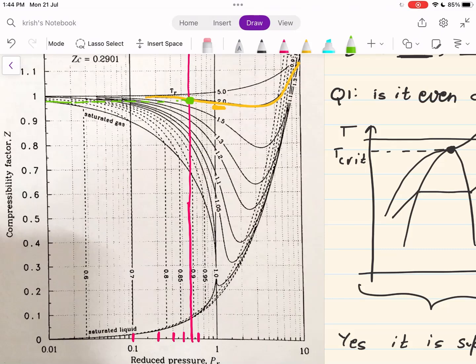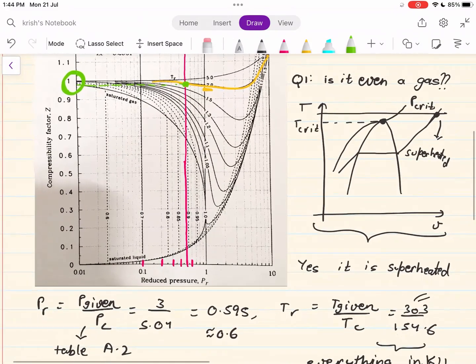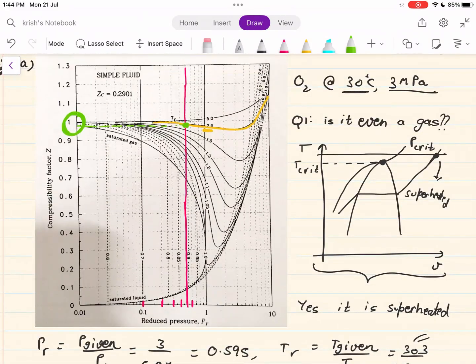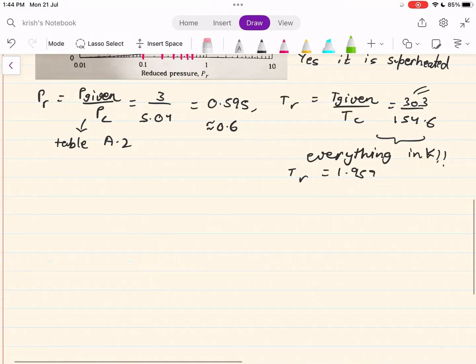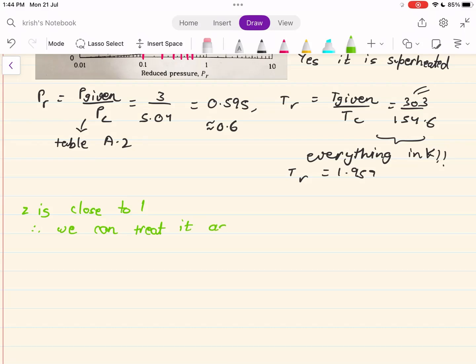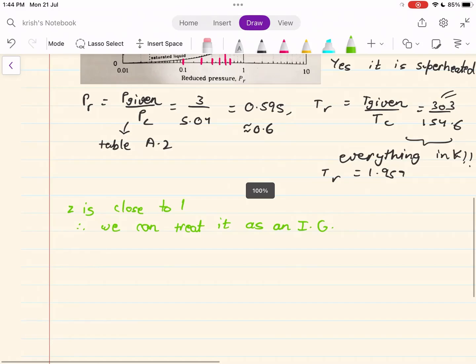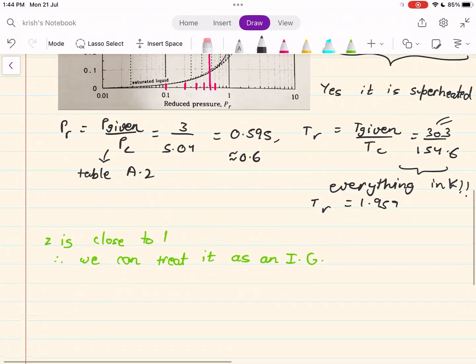Even if we are not able to find this accurately, we can see that Z is very close to 1. Therefore, we can treat it as an ideal gas. Right, so that is how we solve the question.